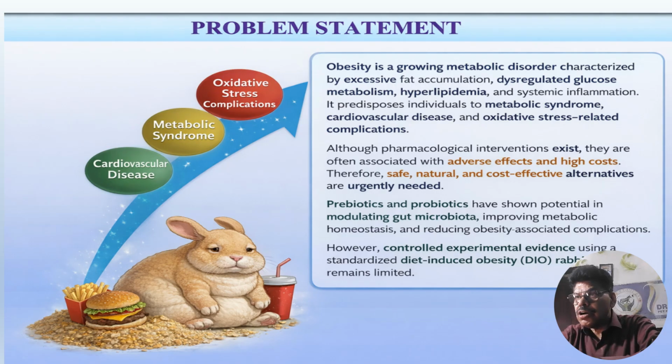Although pharmacological interventions exist, they are often associated with adverse effects and high cost. Therefore, safe, natural, cost-effective alternatives are prebiotics and probiotics, which have shown potential in modulating gut microbiota, improving metabolic homeostasis, and reducing obesity-associated complications.